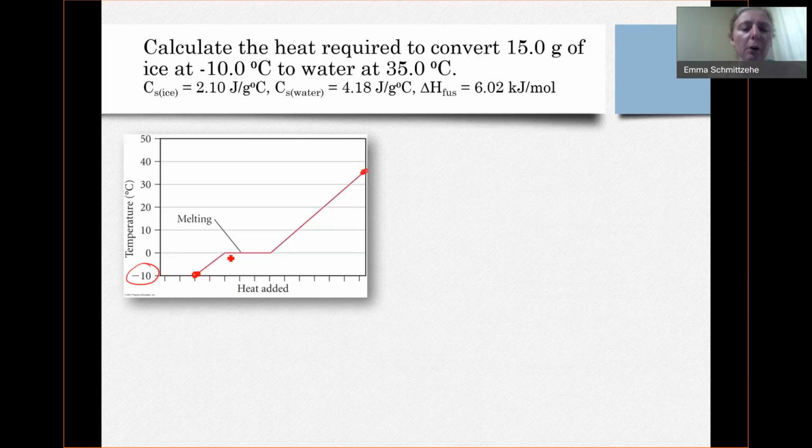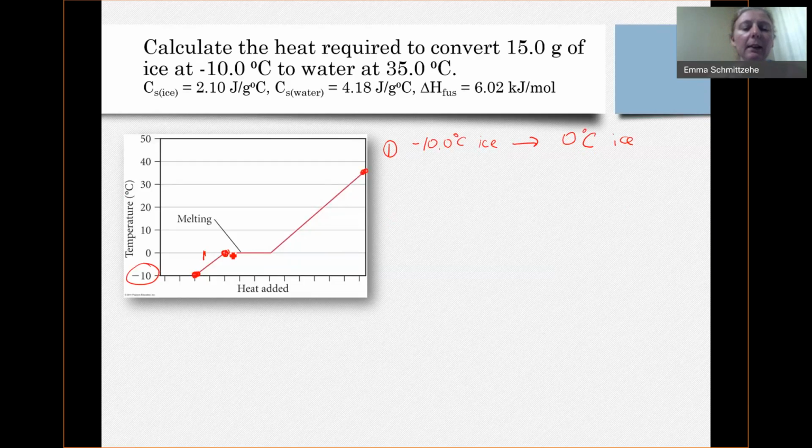From this first point to here, that's our first step. In that first step, we have negative 10 degrees C ice going to 0 degrees C ice, because once we reach 0 degrees C, we're actually at the melting point.